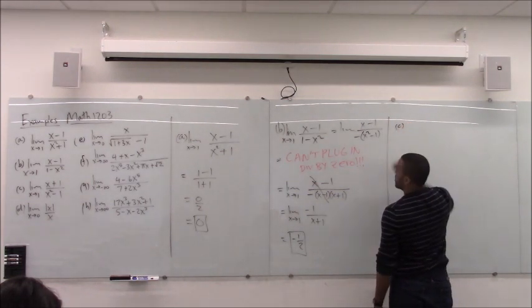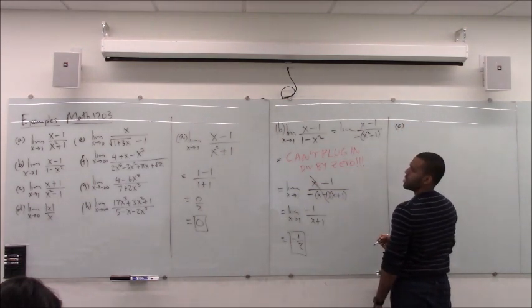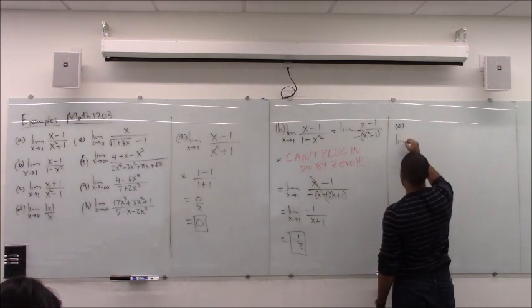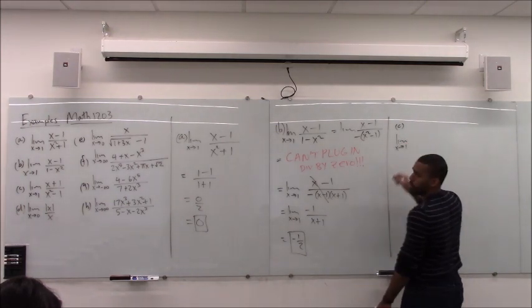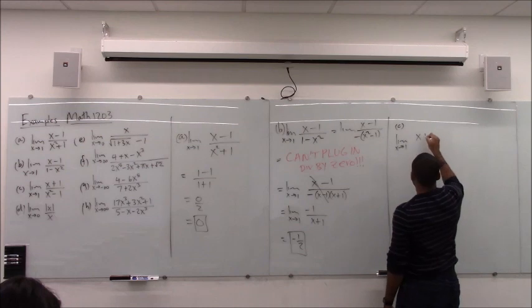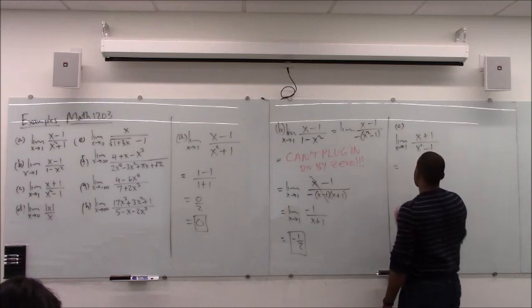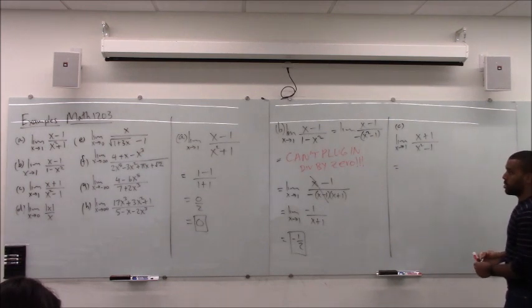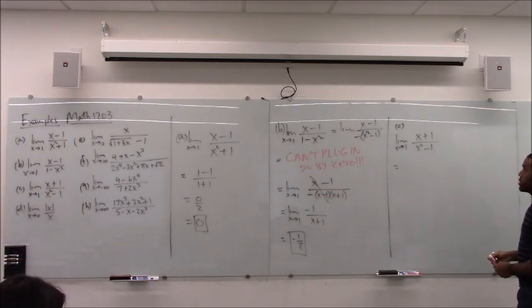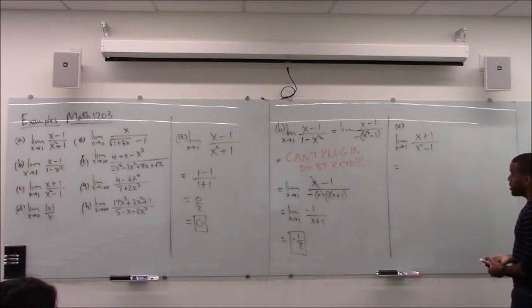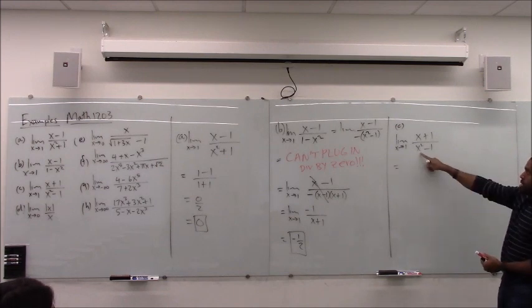C. Limit as x approaches 1, x plus 1 over x squared minus 1. Okay, so what do we do here? Well, first see if you can plug in. Can't, because you divide by 0.